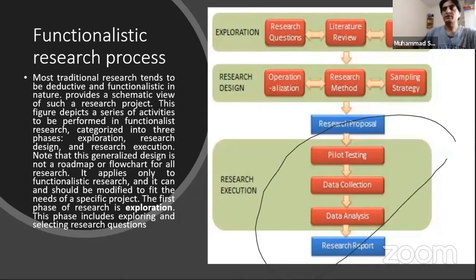Now coming towards the next point, which is sampling. The researcher must also carefully choose the target population from which they wish to collect data and a sampling strategy to select a sample from the population. For instance, should they survey individuals or firms or work groups within firms?